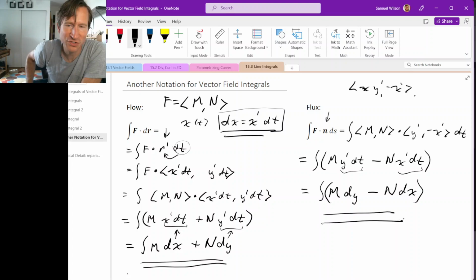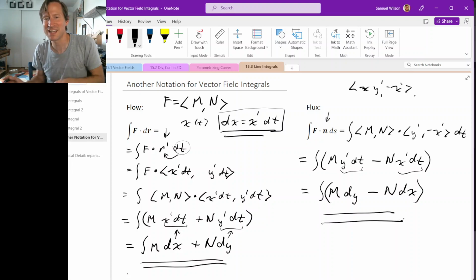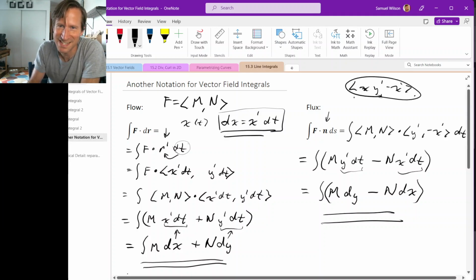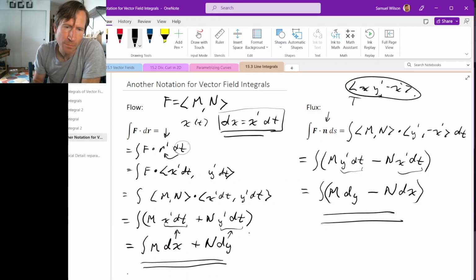People that work with vector fields heavily, in some contexts, need to be able to express integrals involving vector fields more flexibly, because the normal and tangent vectors aren't the only vectors that show up, and this notation can be handy in those contexts. So I think our textbook does use this notation sometimes, but not very often. But I thought I'd mention it.